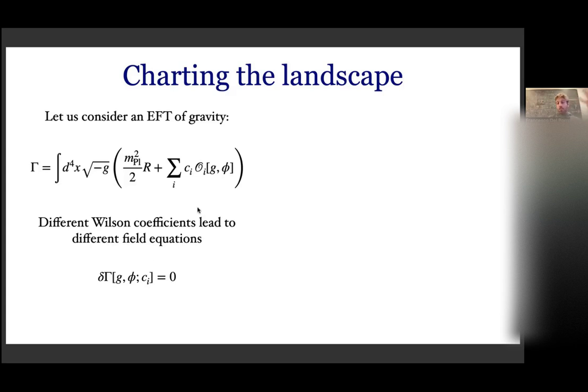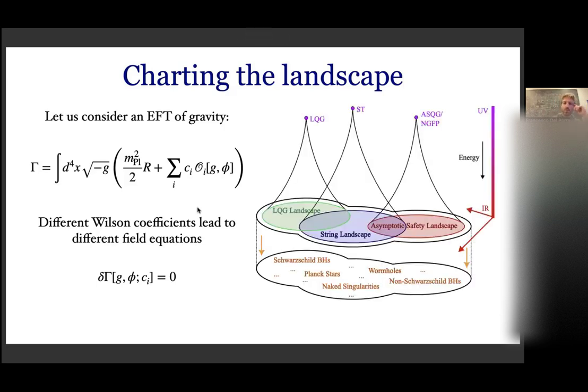Now, this dependence of the effective field theory action on quantum gravity is not completely arbitrary, because the idea of charting the landscape, the infrared landscape of effective field theories, by quantum gravity is the following.